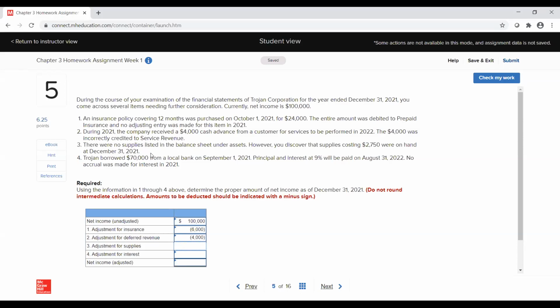There were no supplies listed in the balance sheet under assets. However, you discover that supplies costing $2,750 were on hand at December 31st, 2021. What do you think that means? When they purchased supplies, where do you think they originally recorded it instead of what they should have done?